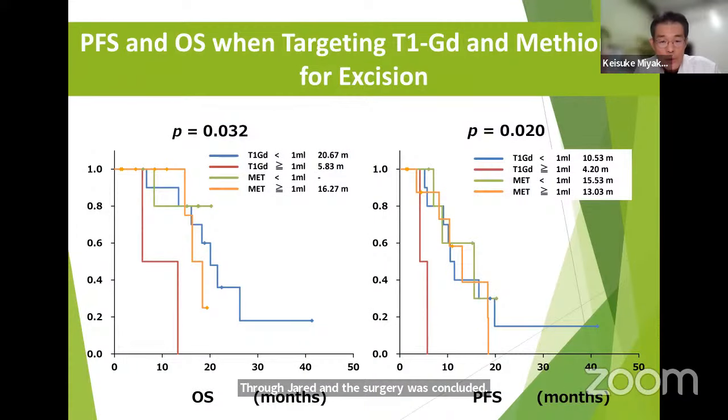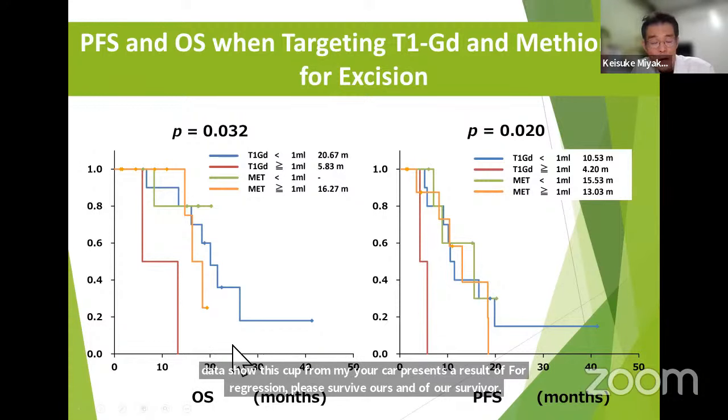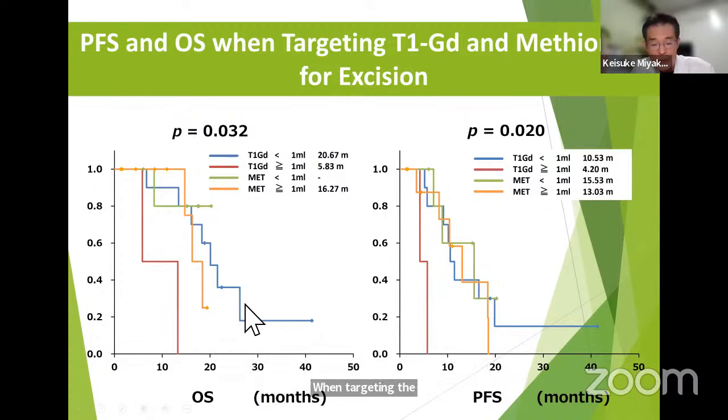Our data show this Kaplan-Meier curve presenting the results of progression-free survival and overall survival. When targeting the excision of enhanced MRI and methionine, reducing the remaining volume of enhanced MRI to less than 1 milliliter extended both progression-free survival and overall survival.